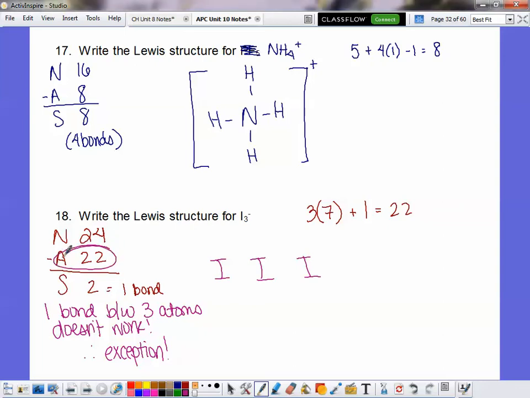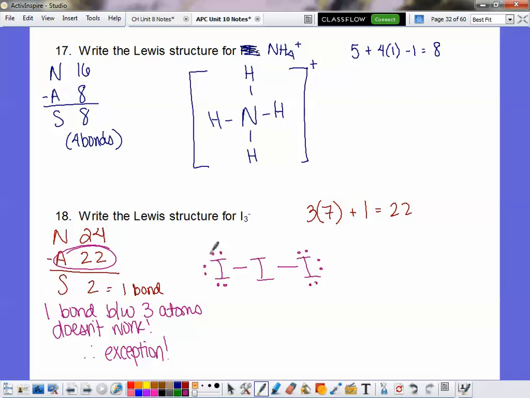So, the iodine that I have drawn here in the middle will be my central atom. And so we're going to single bond my other 2 iodines to that central atom. We're going to fill from the outside in, filling electrons on my outside atoms till they're both happy.